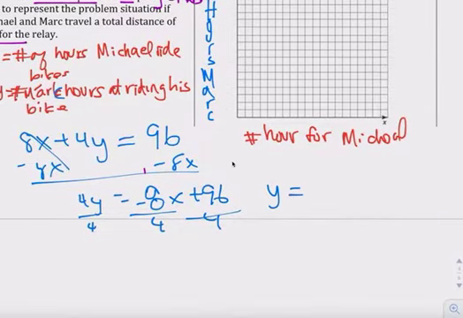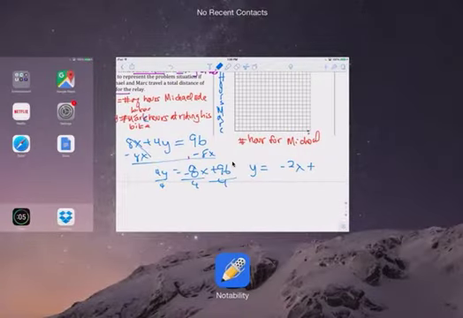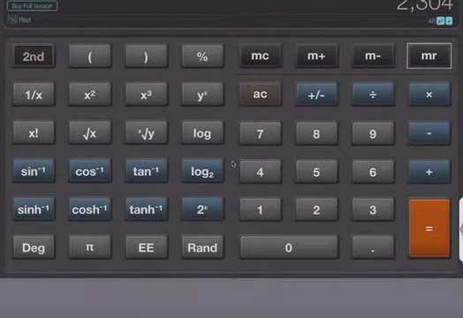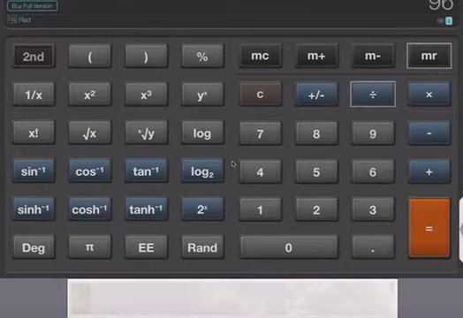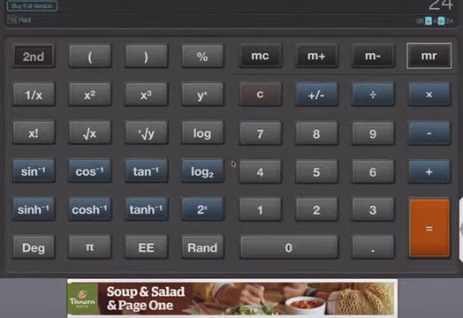Y equals negative 2x plus 96 divided by 4. That is 24.